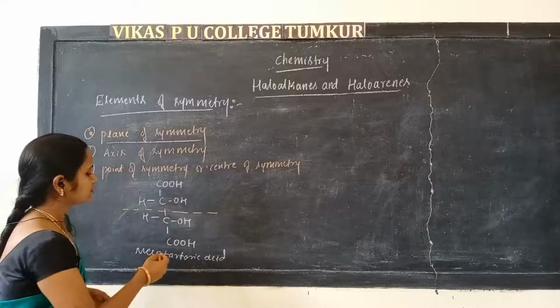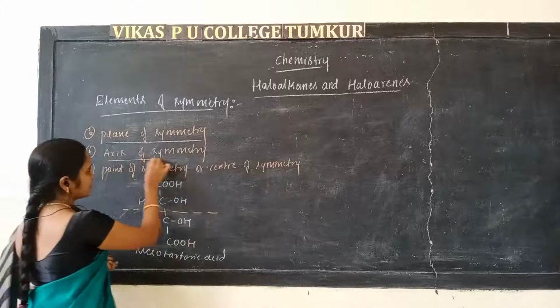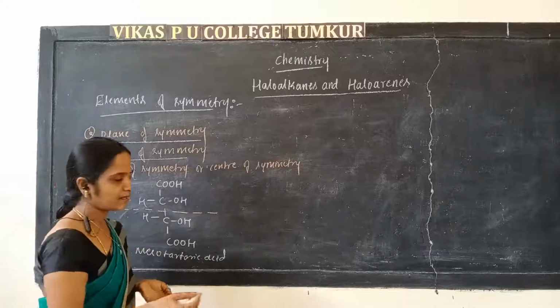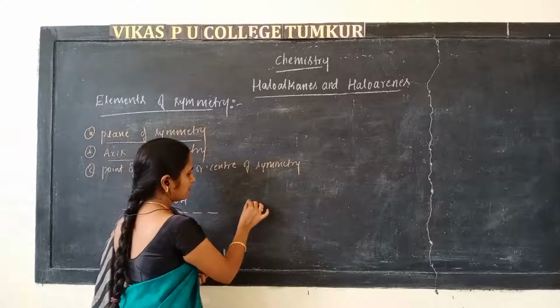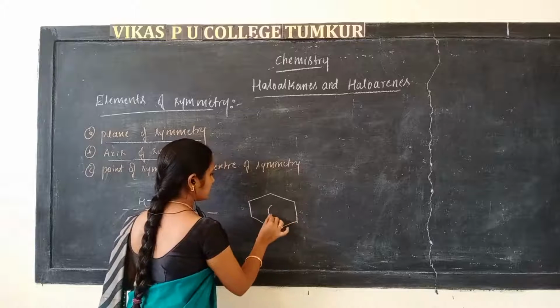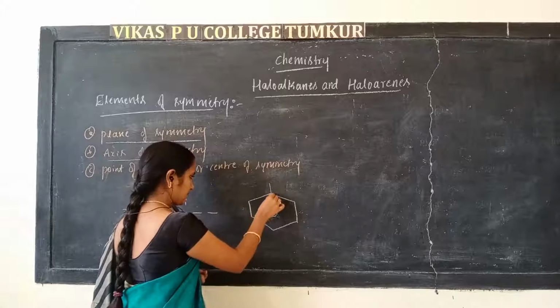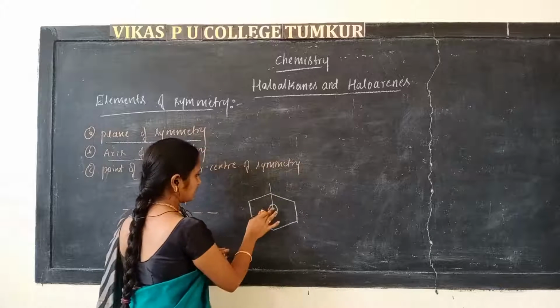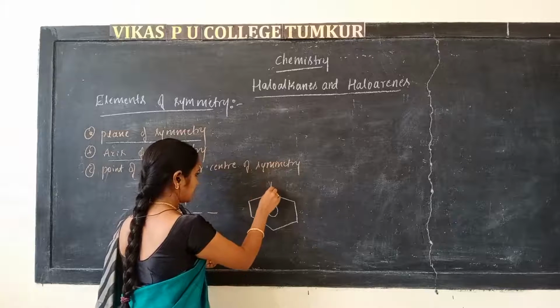Now we are going to discuss the axis of symmetry. We will take benzene as an example. This is benzene, and this is an imaginary line, an imaginary axis.